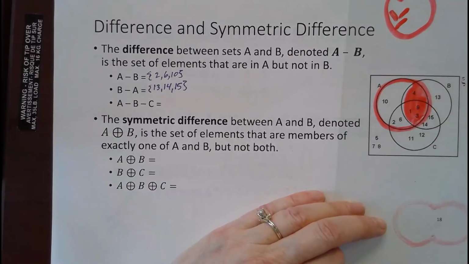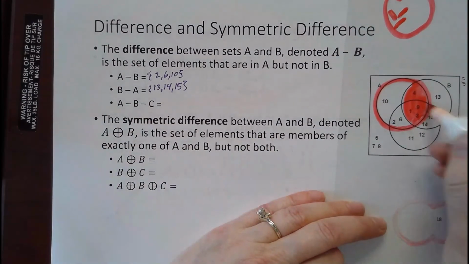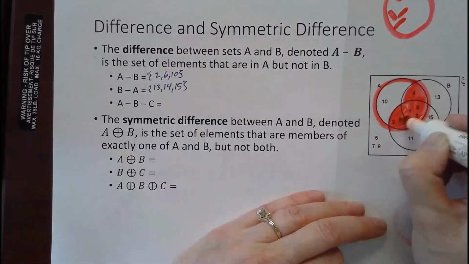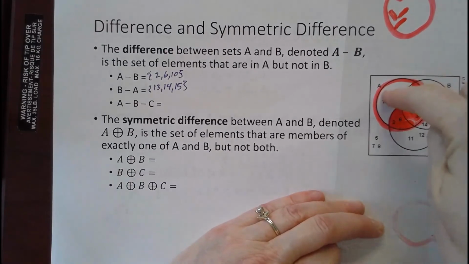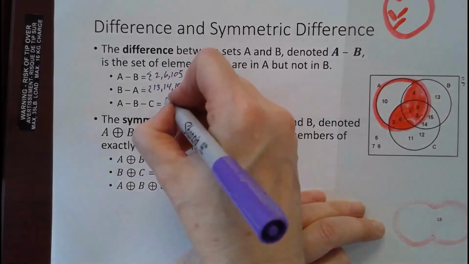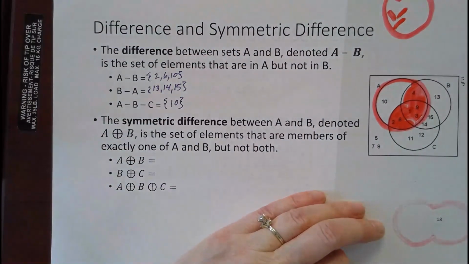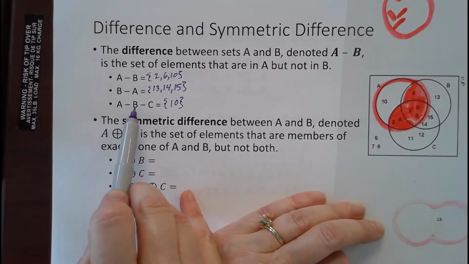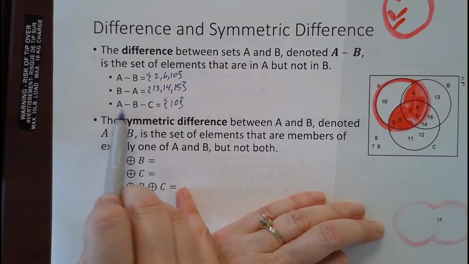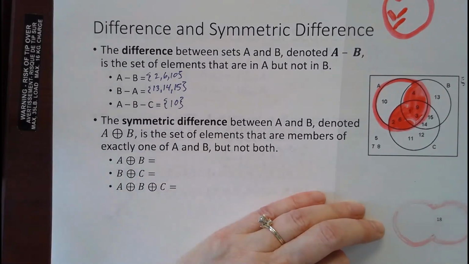Now I'm going to take out the stuff in C. So this stuff is in C, so I've got to take out that stuff. And the only thing that's left is the 10. So we took A, removed everything in B, removed everything that was still in C, and whatever was left is our difference.